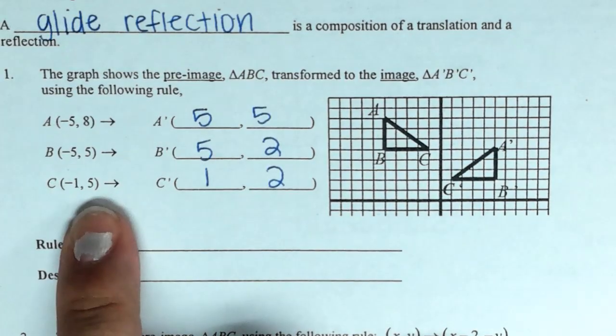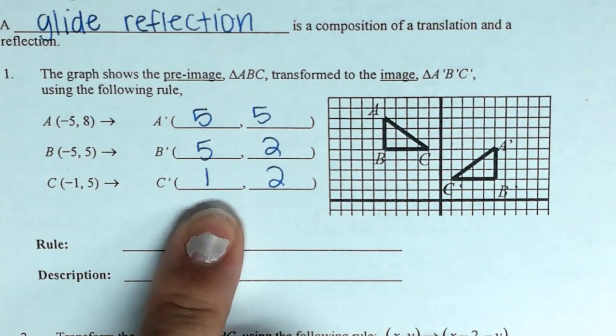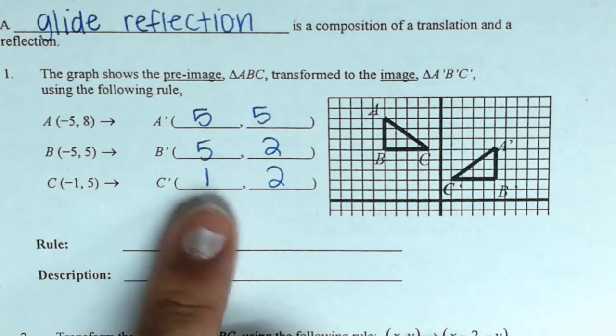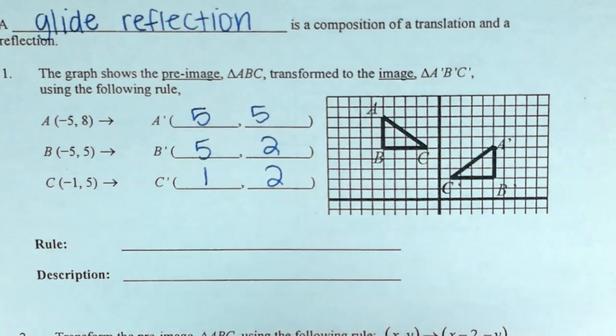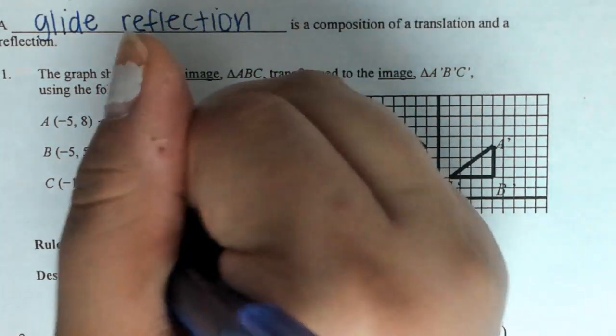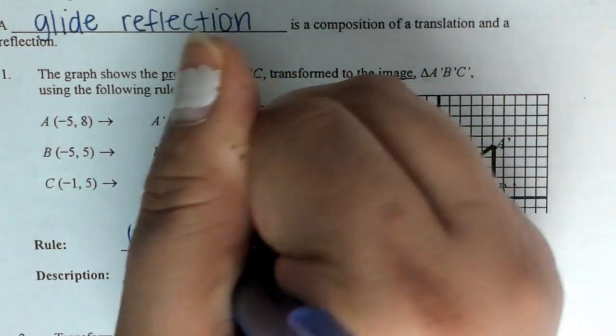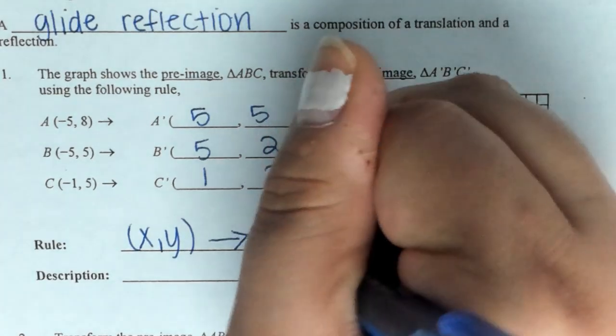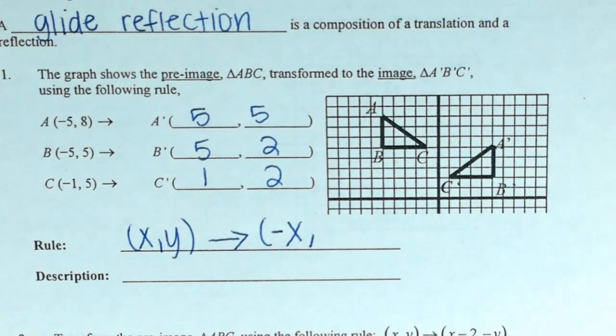All right. I want you to look at your points. Look at the original, the pre-image, and the image. What do you notice about the X's? Flip the sign. Okay, how do we start a rule out? X, Y with an arrow. So our X's became negative. What happens to my Y's?